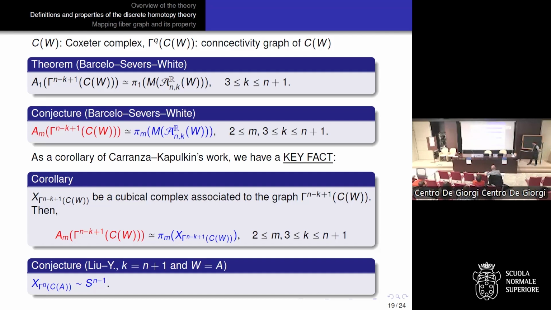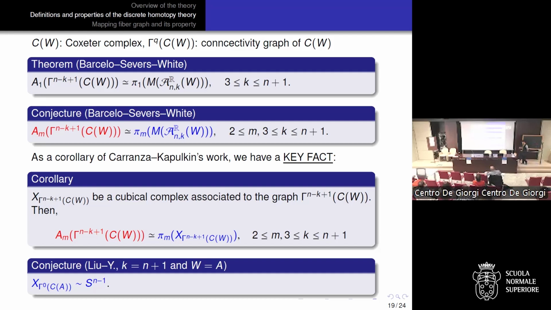So that's why I'm working on this complex and this theory. Recently, Liu, who is now my friend in China, and I have been conjecturing, first for the case W equals A and k equals n plus 1, and we are now trying to prove it.